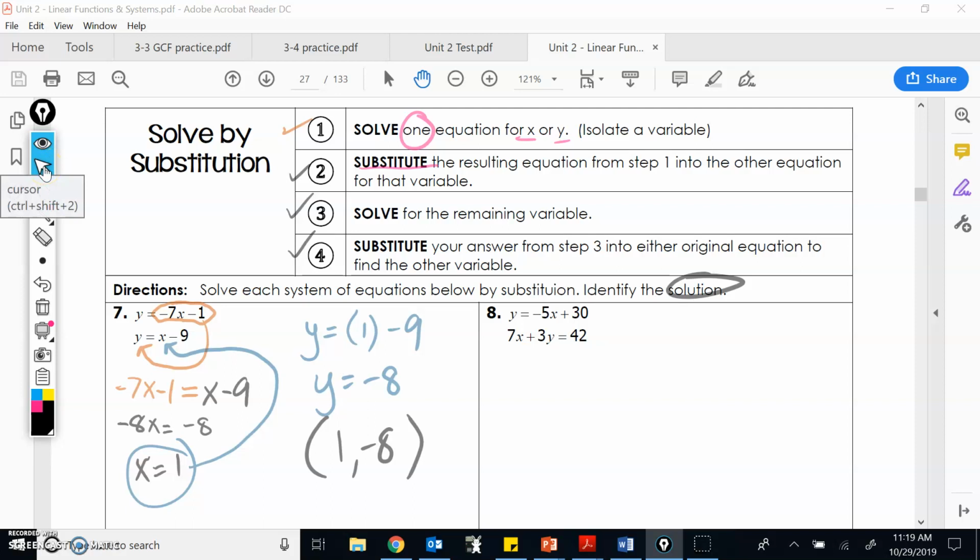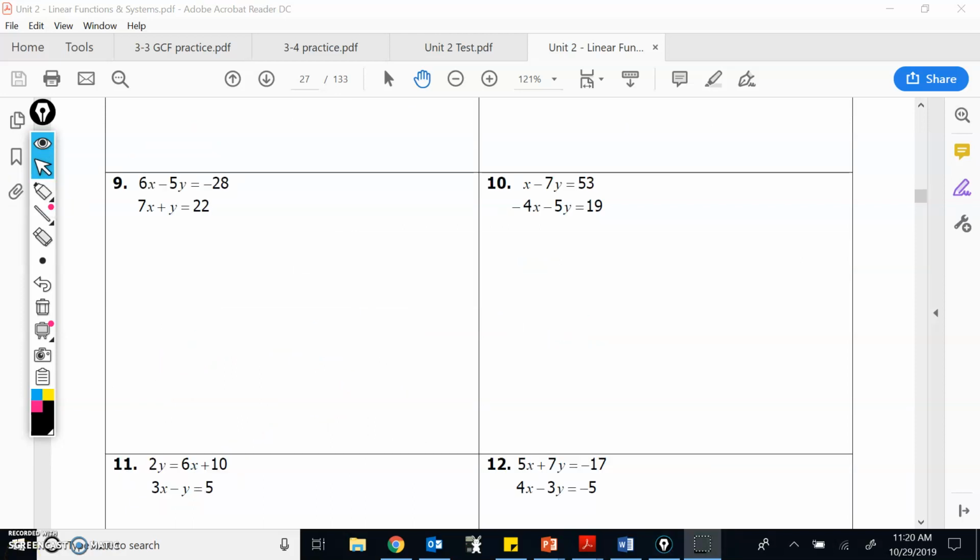Let's do another one. Number 9. It is not solved for a variable. Both of them are in standard form. So between the 6x, the -5y, the 7x, and the y, think about which one of these would be easier to isolate. It'd be easiest to isolate this y here, to solve it for y equals -7x plus 22.